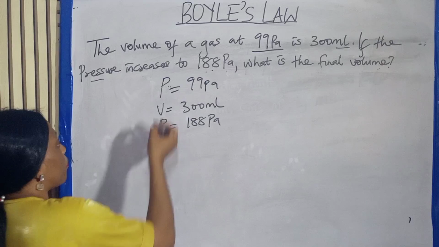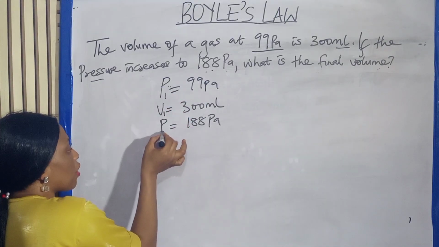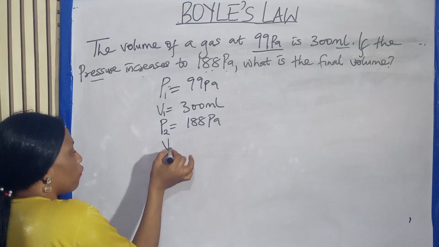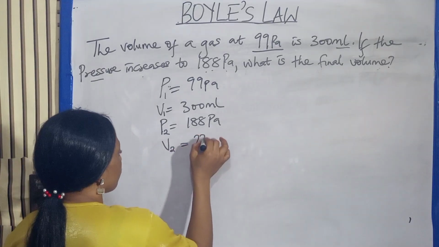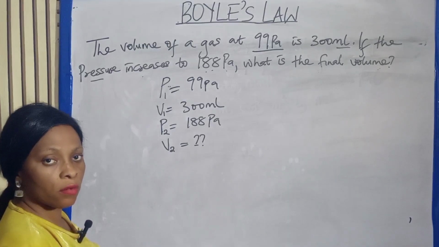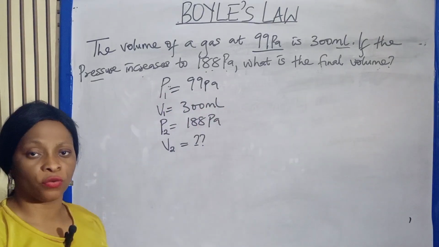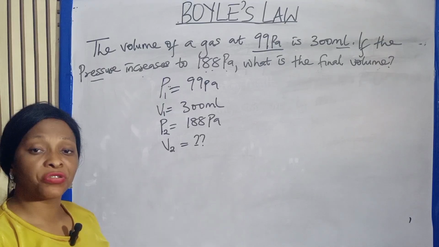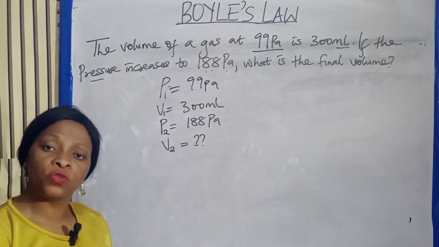So the first pressure is P1, the first volume V1. The second pressure is P2, the second volume V2 is what we are actually looking for. So using Boyle's law, now if you look at this question, there was no mention of temperature. And even if they mentioned temperature, the parameters given to you determine what you would solve.